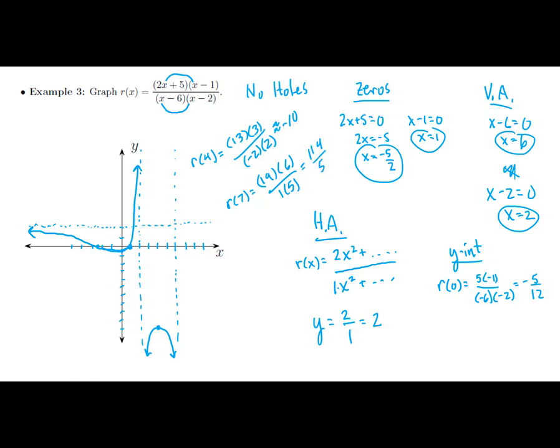So that is pretty high up there. So I don't know, 20 something, right? 5 goes in there 22.8 times, I think. So it's way up there, right? So this one's going to be coming from way, way up here. But then in the long run, we've got our horizontal asymptote. It's got to settle down and approach that horizontal asymptote as x gets big.